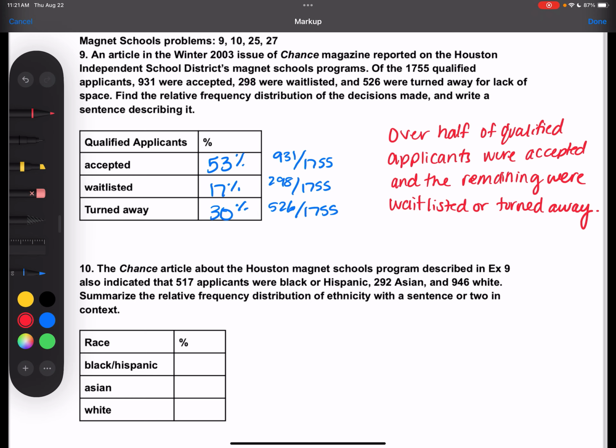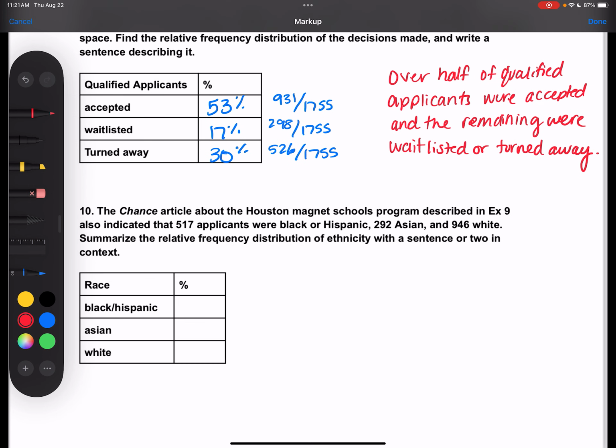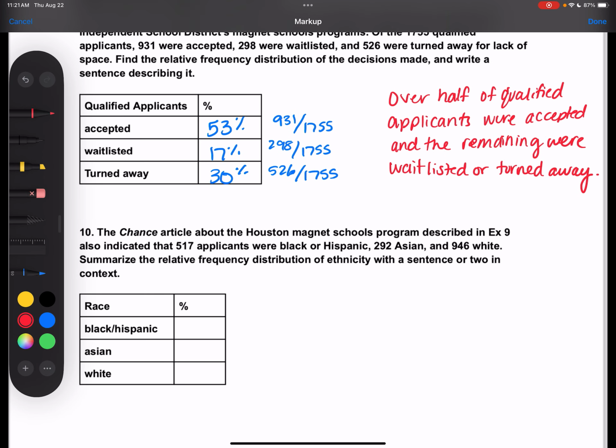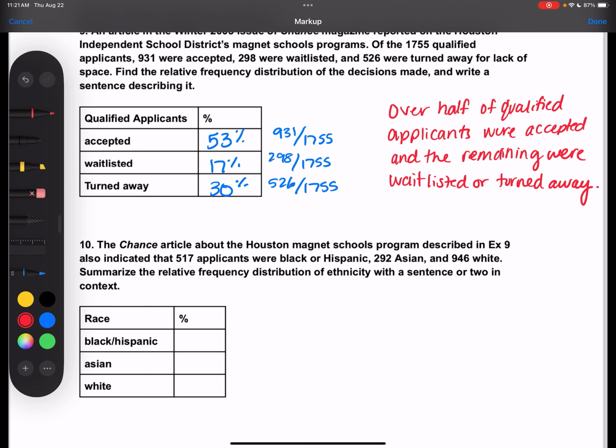So we do the same thing we did on the last one, and this is still out of the total 1755. It doesn't restate that. A lot of times it will reference you back to a previous problem for some numbers that you may need. So we got 517 out of 1755, 292 out of 1755, and then 946 out of 1755.